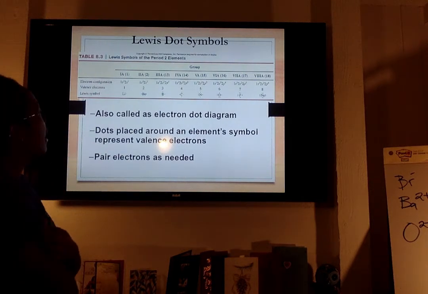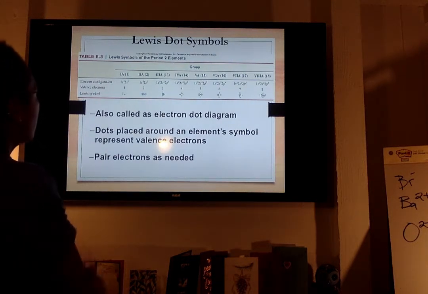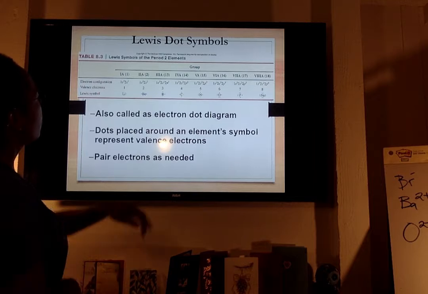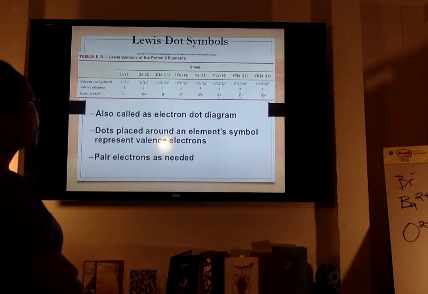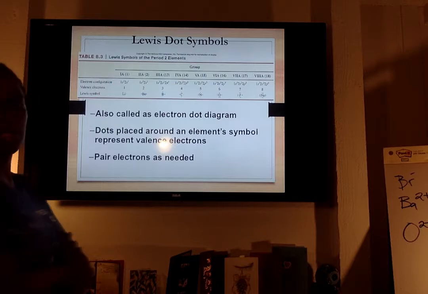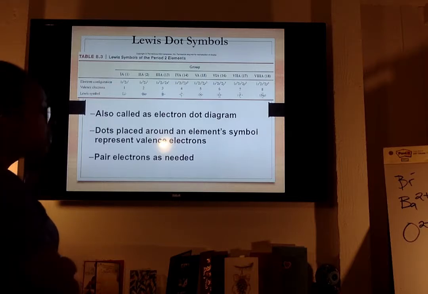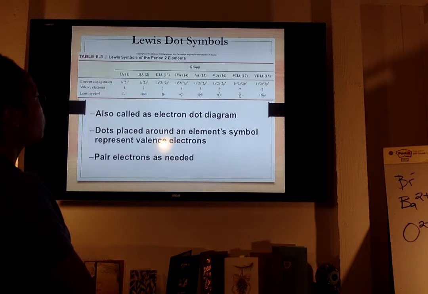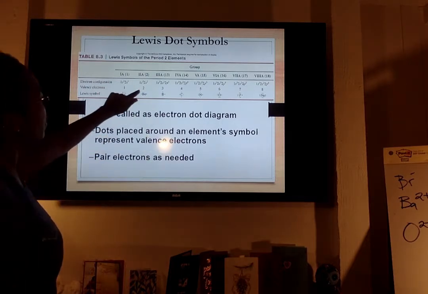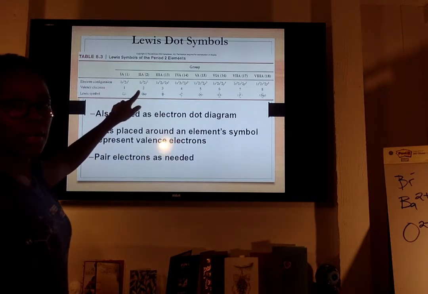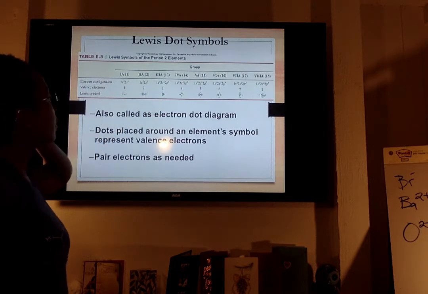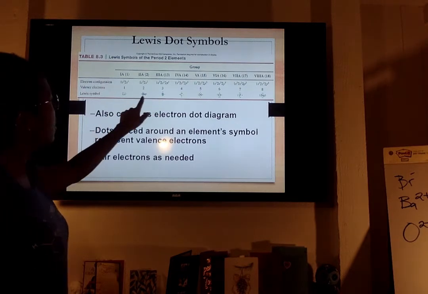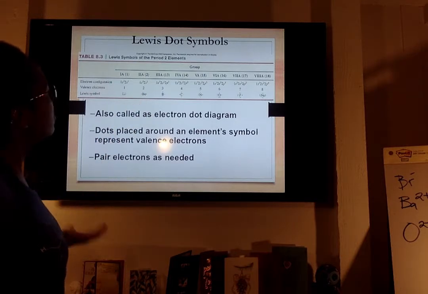So when we look at the next one, beryllium, what is the number of the outermost shell? 2. And we once again only have 1 subshell, but here we have 2 electrons in it, so the valence electrons available are 2. And here we wrote 2 dots next to the beryllium, right? Because there are 2 valence electrons, and so on and so forth.